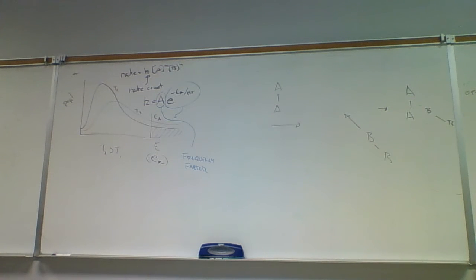Let's say we have them coming head on. Is this going to result in two ABs? No. Most of the collisions are not going to give us any product. It's only a small fraction of collisions that have the proper orientation to react.